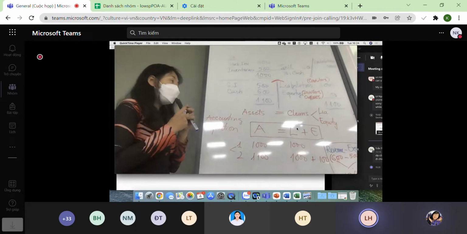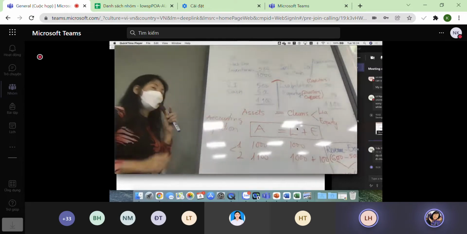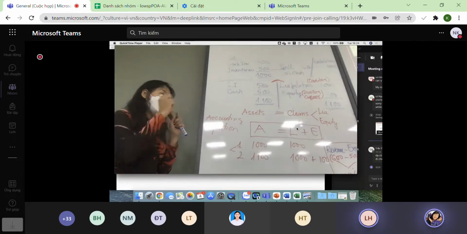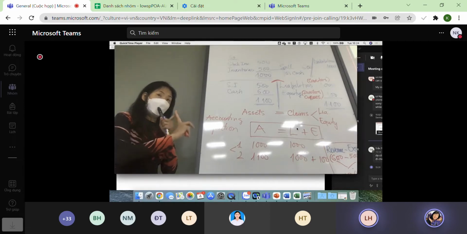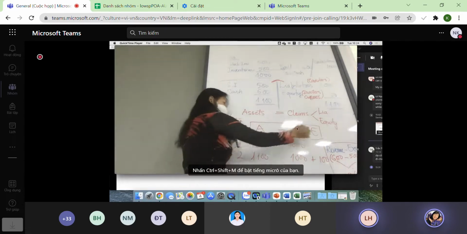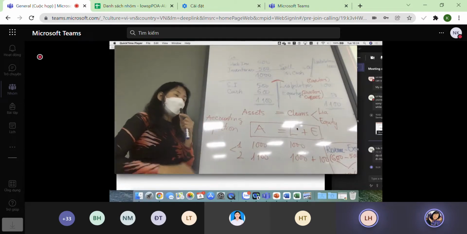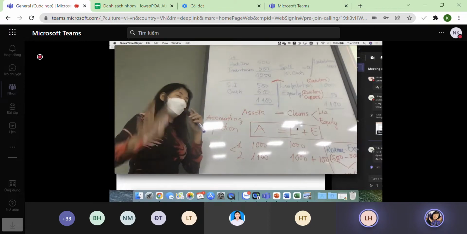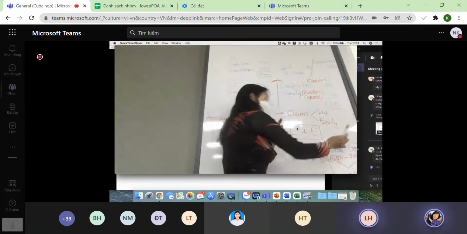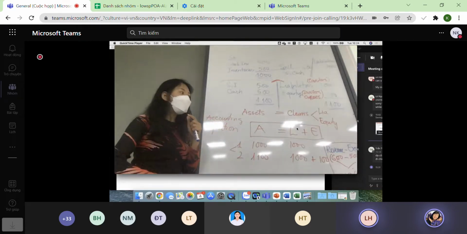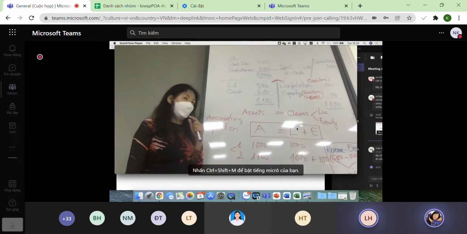And we need to include revenue and expenses in the financial statements. So in the financial statements, we have two parts: financial position, which includes three elements in the accounting equation. And the second part is about the financial performance of the company, which includes revenue and expenses, the information about revenue and expenses during one day.